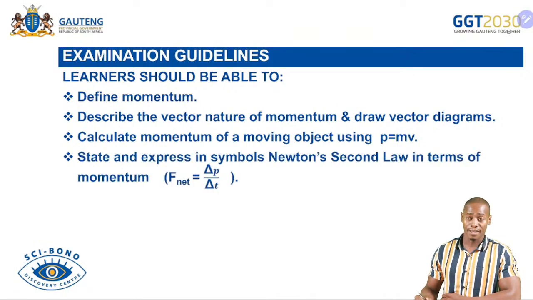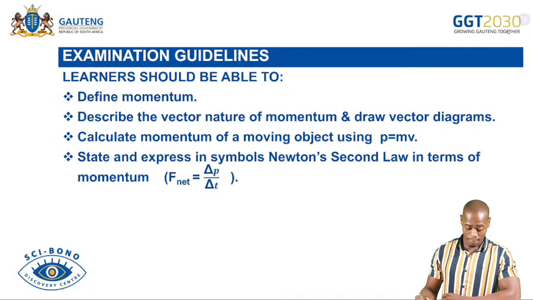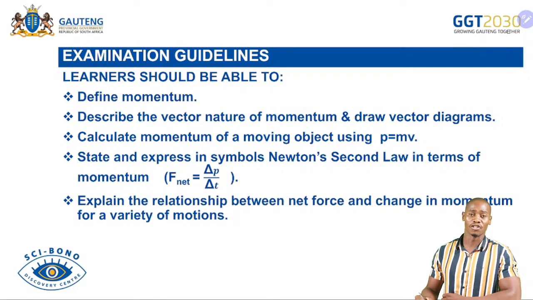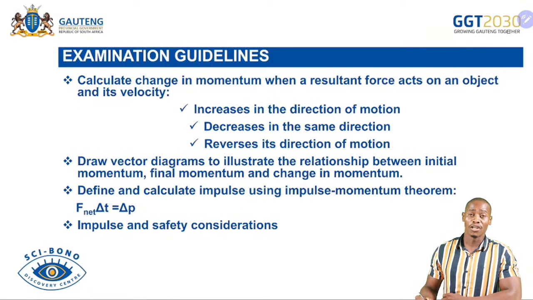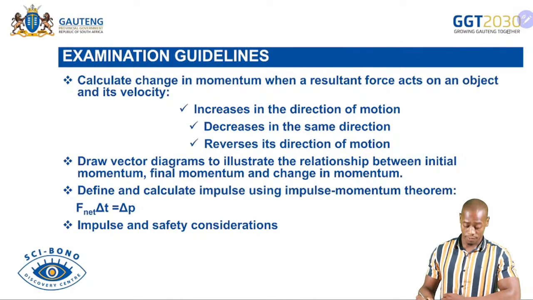State and express in symbols Newton's second law in terms of momentum: F net equals change in momentum over change in time. Explain the relationship between the net force and change in momentum for a variety of motions. Calculate change in momentum when a resultant force acts on an object and its velocity increases in the direction of motion, decreases in the same direction, or reverses its direction of motion.